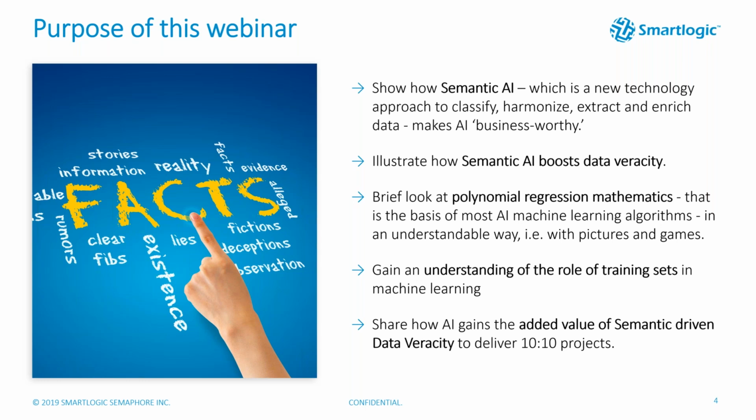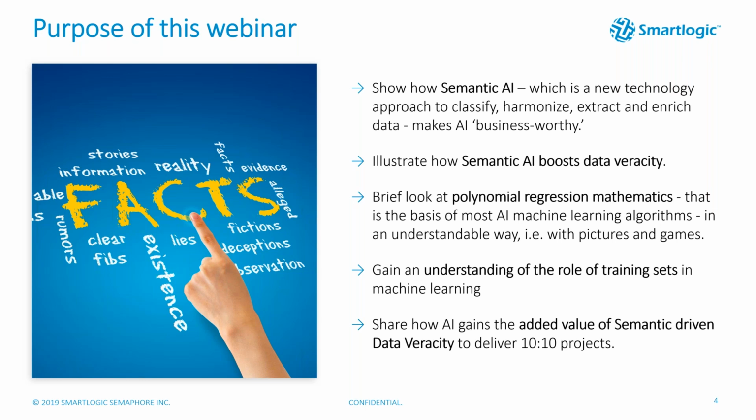But what I wanted to do was show you how semantic AI, which is what Smartlogic specializes in, a new technology, approaches the classification of data, the harmonizing of data, the extracting and enriching of data to make other AI projects business worthy. And I say business worthy because so far there's been a science experiment going on in many R&D departments of organizations, but does the business trust the output?